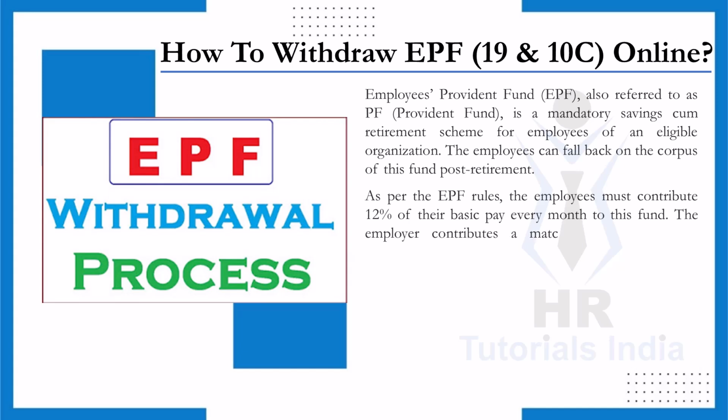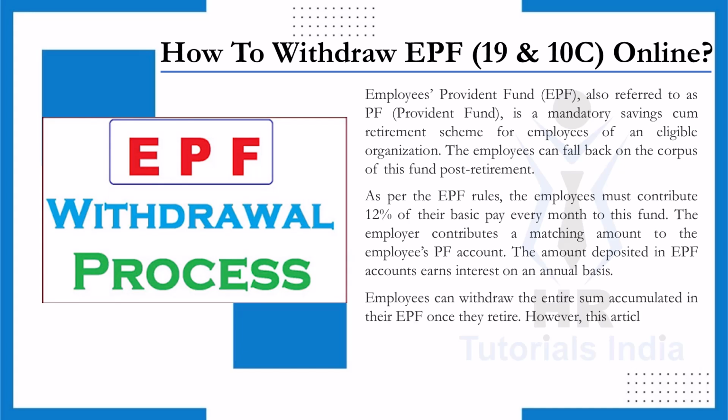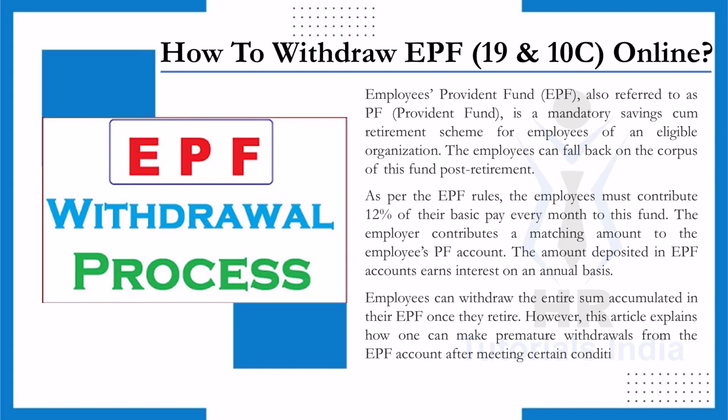The employer contributes a matching amount to the employee's EPF account. The amount deposited in EPF accounts earns interest on an annual basis. Employees can withdraw the entire sum accumulated in their EPF once they retire. However, this article explains how one can make premature withdrawals from the EPF account after meeting certain conditions.